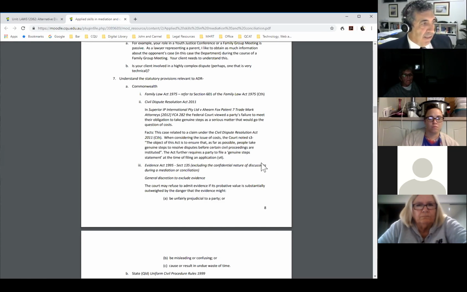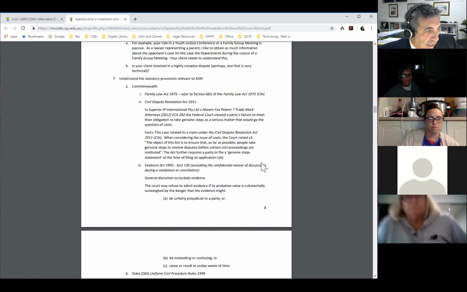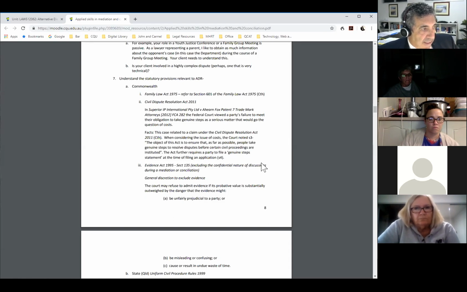So it dealt with a claim under the Civil Dispute Resolution Act, Commonwealth, 2011, and there was an issue of costs, and the court said that the object of the Act is to ensure that as far as possible, people take genuine steps to resolve disputes before civil proceedings are instituted, and they must file a genuine steps statement at the time of filing the application.